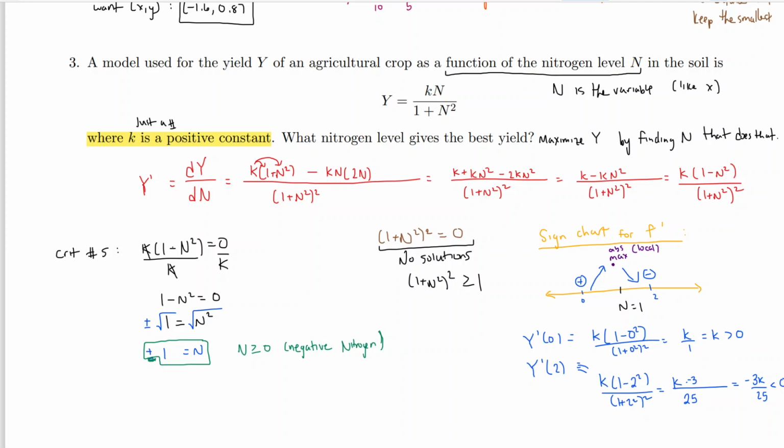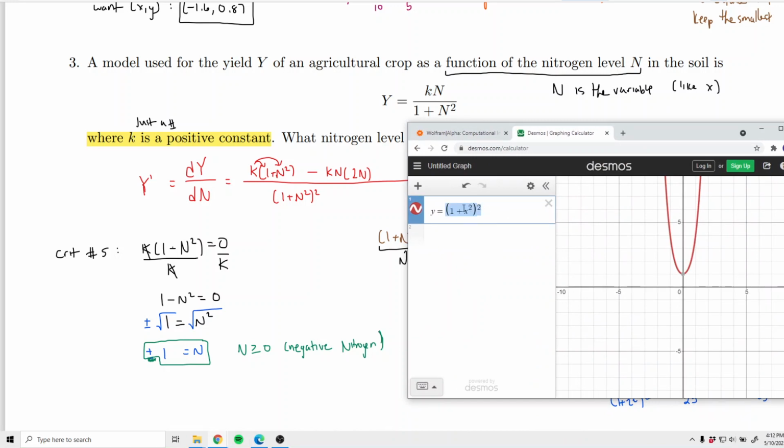You can even go farther and graph this thing. So y equals, you don't know what k is, it's just a positive number. So I'm going to pretend it's 1 and graph y equals n divided by 1 plus n raised to the 2. And Desmos can graph with any letter you want, but if you throw a k in here, it's probably going to mess up because it doesn't know what k is supposed to mean.